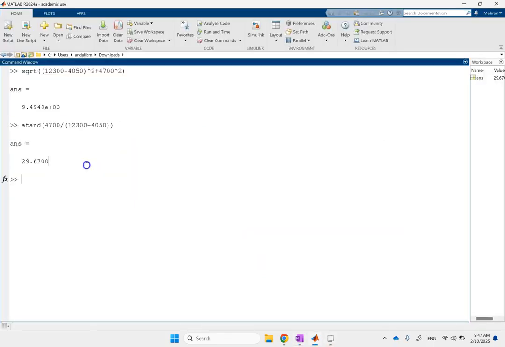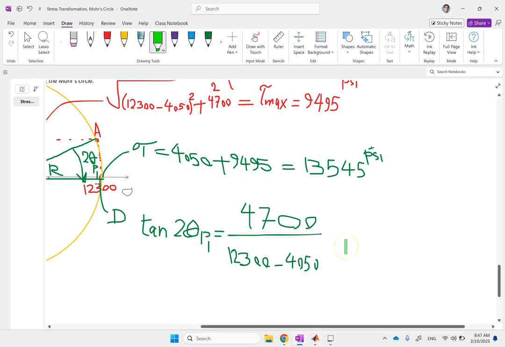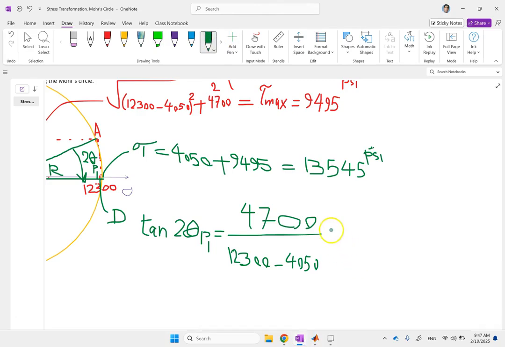So here is that angle, and that's 2 times theta p, so divided by 2, you see, 14.835 or 14.84, and again, it's going to be negative. So you see that everything is exactly going as planned. So theta p1 is going to be negative 14.84.